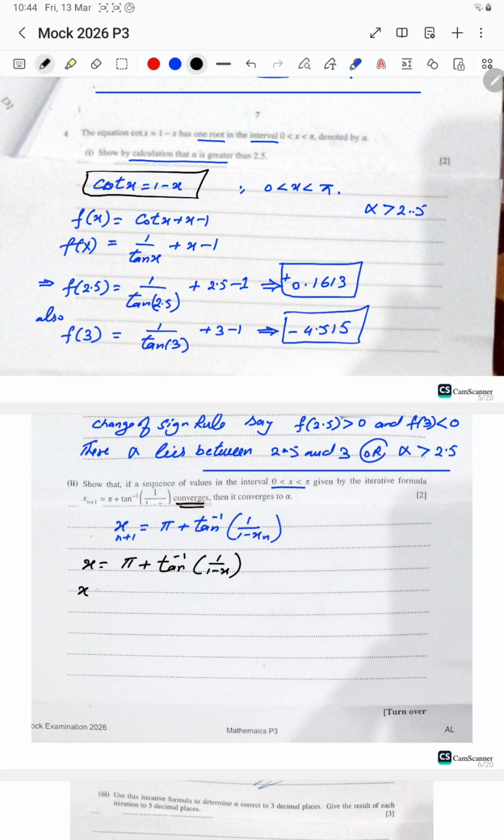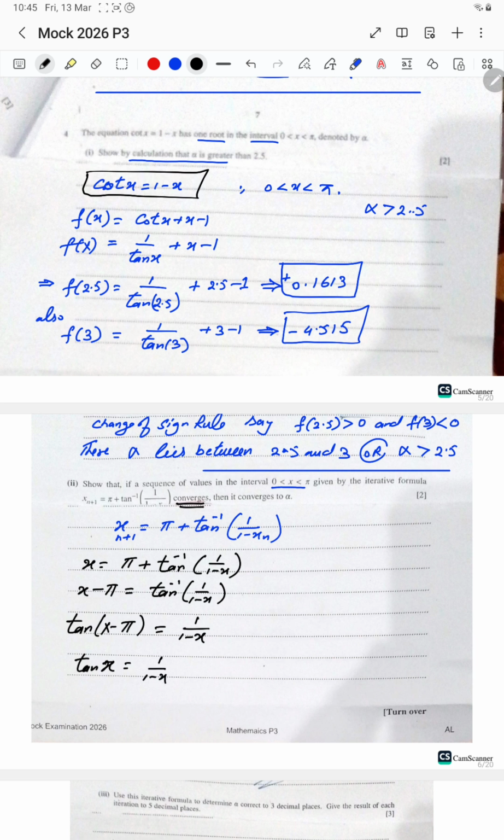So here simplify this, pi goes on the other side and we have tan inverse of 1 over 1 minus x. So inverse tan goes across, then it becomes tan of x minus pi equal to 1 over 1 minus x. We know tan of x minus pi will remain as tan x. So this will be tangent of x equal to 1 over 1 minus x.